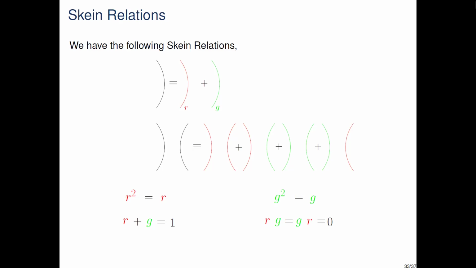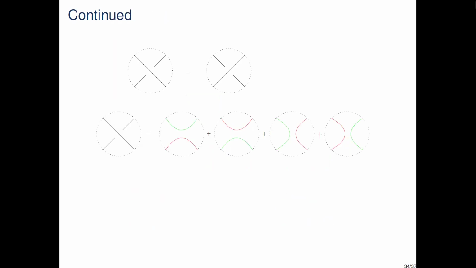And finally, R times G is equal to G times R is equal to 0. That corresponds to saying that if the colors don't match, it doesn't give you any proper coloring, right? So if the colors are incompatible, then they basically vanish. They just become 0. That's what RG equal to GR equal to 0 is telling you.